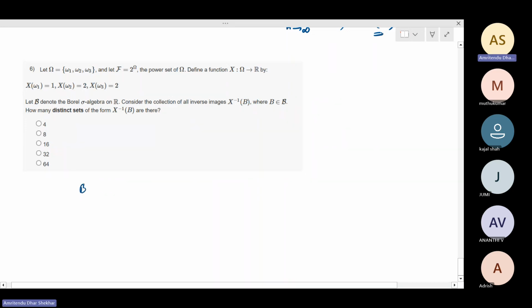So let's say BR is my Borel sigma algebra, and I do x inverse of BR. So this is a subset of my power set.